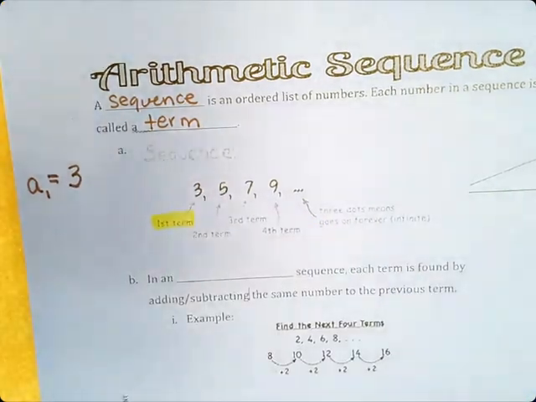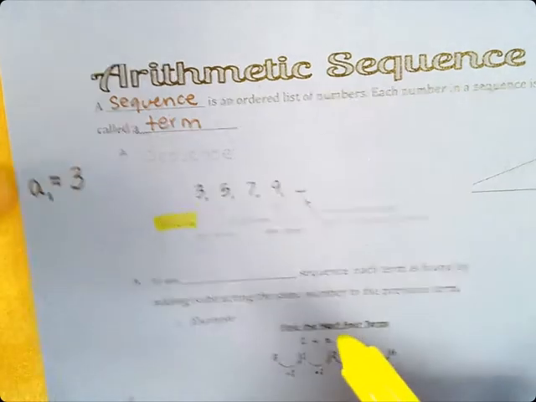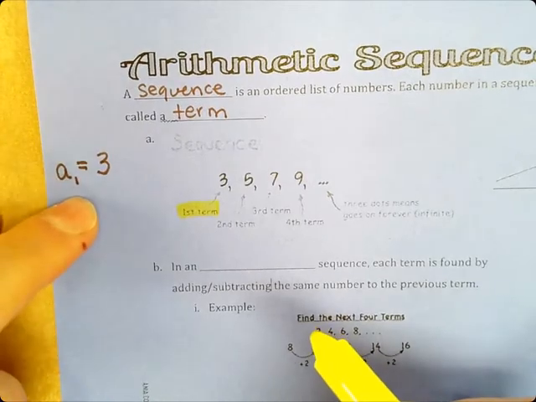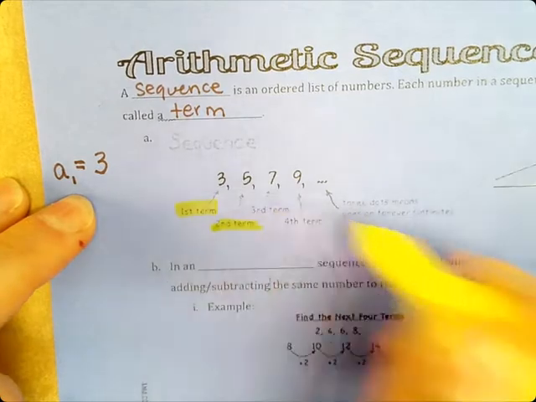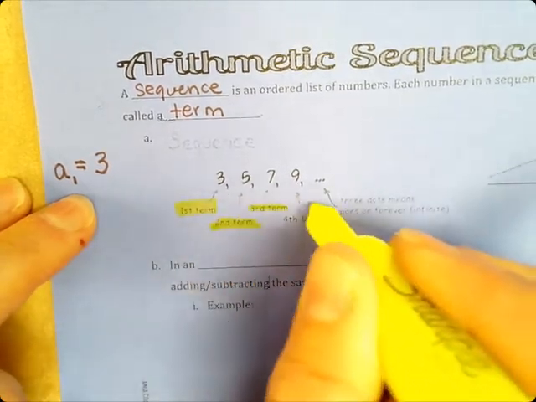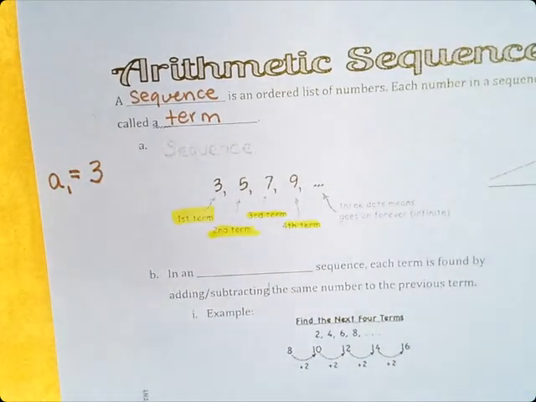is 3. And what this means is our first term is 3. A stands for arithmetic. 1 stands for the term number. Second term, third term, fourth term. So we can write these by just identifying the term number and what the term actually is.